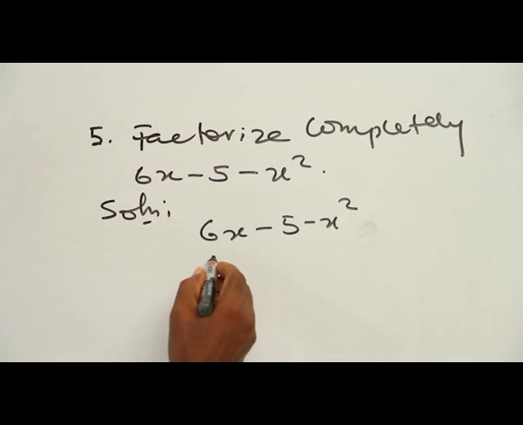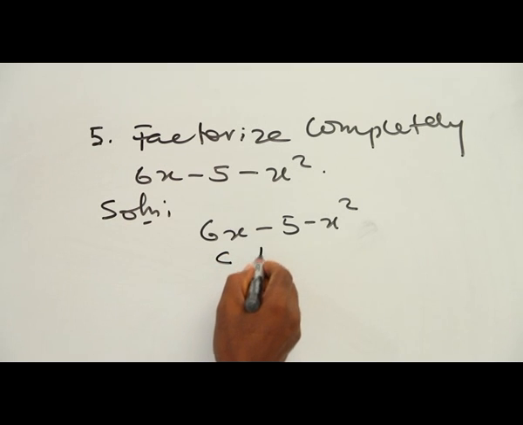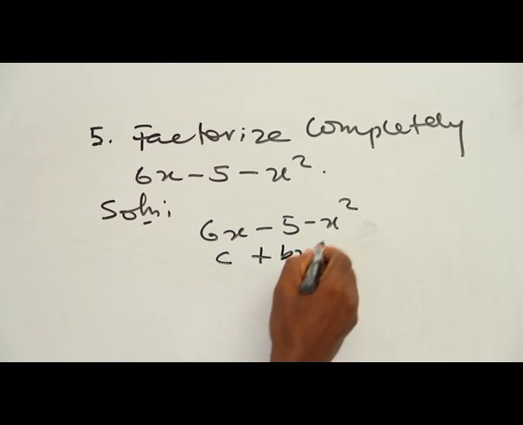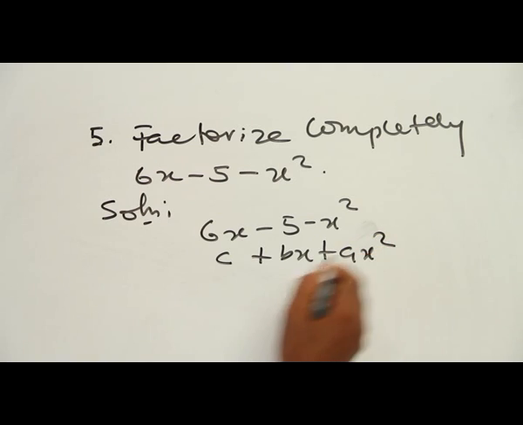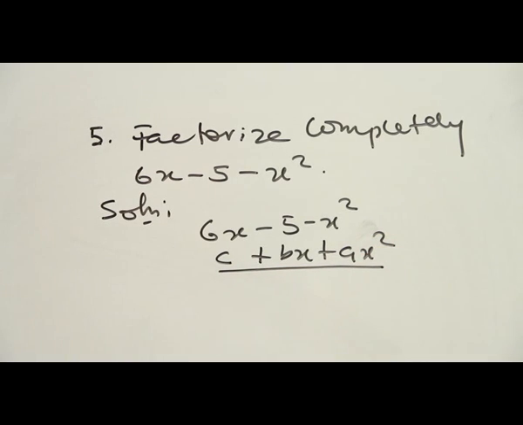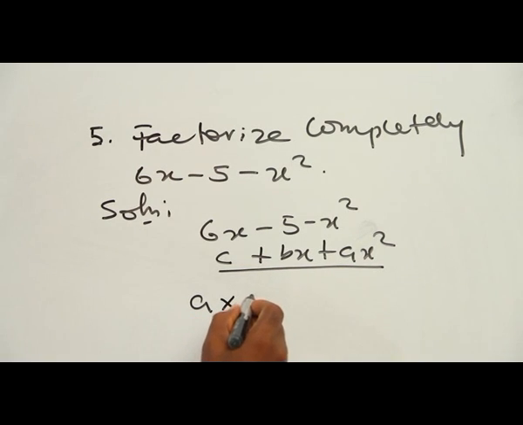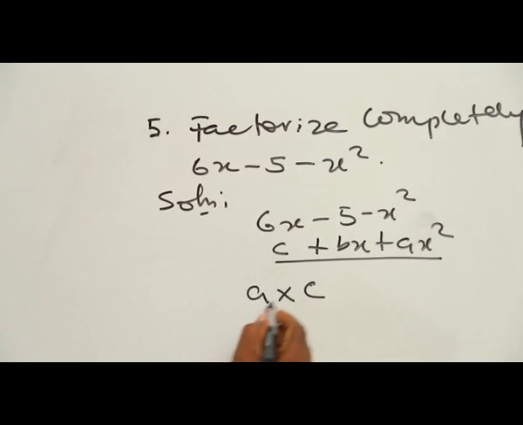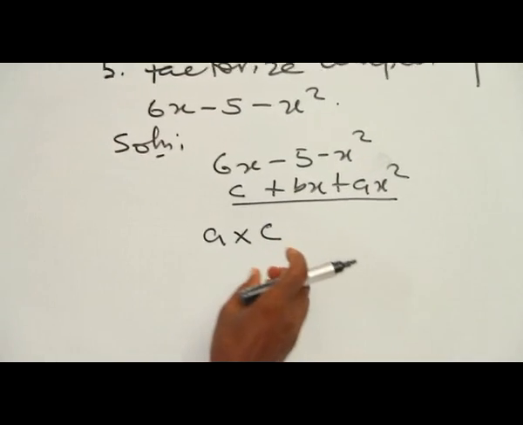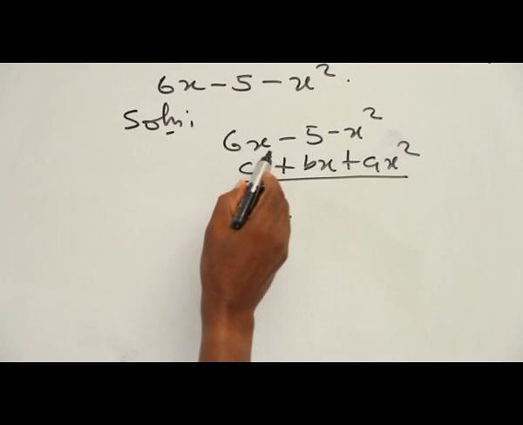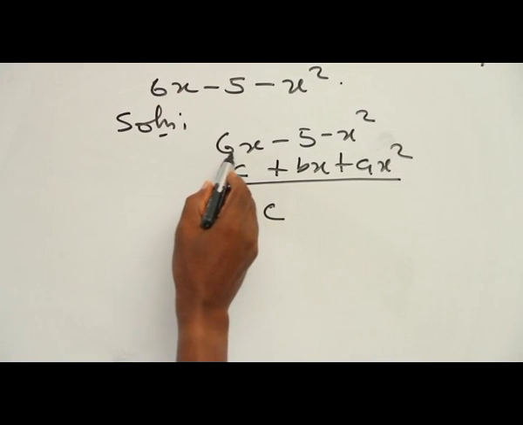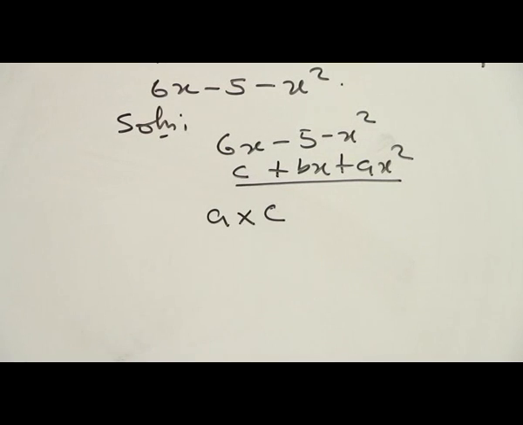If you compare this to your c, maybe plus bs and plus as squared, a standard quadratic function. Now, in that case, what we normally do is your a, the coefficient of s squared, will be multiplying c, and then you will now be able to factor ac to give you the sum as 6, which is the middle term. Now, what am I saying?